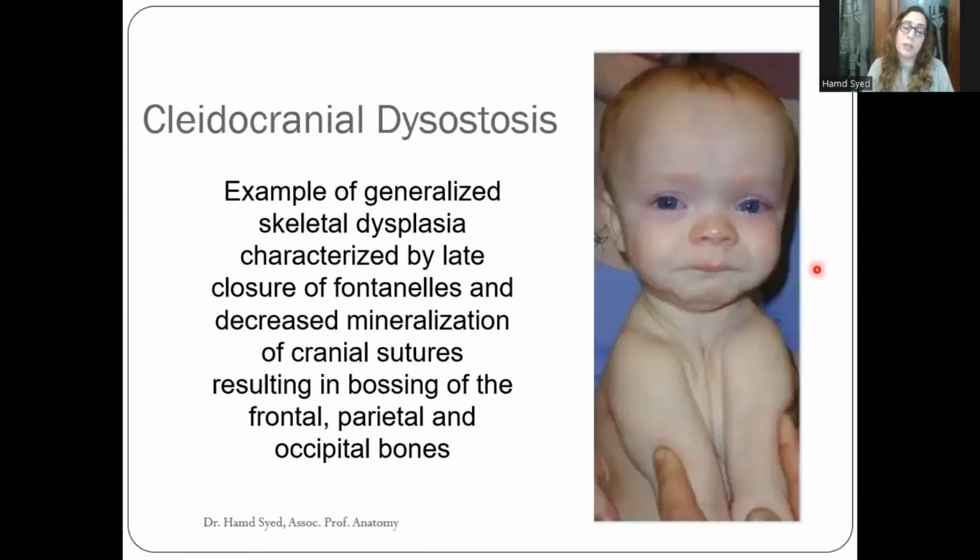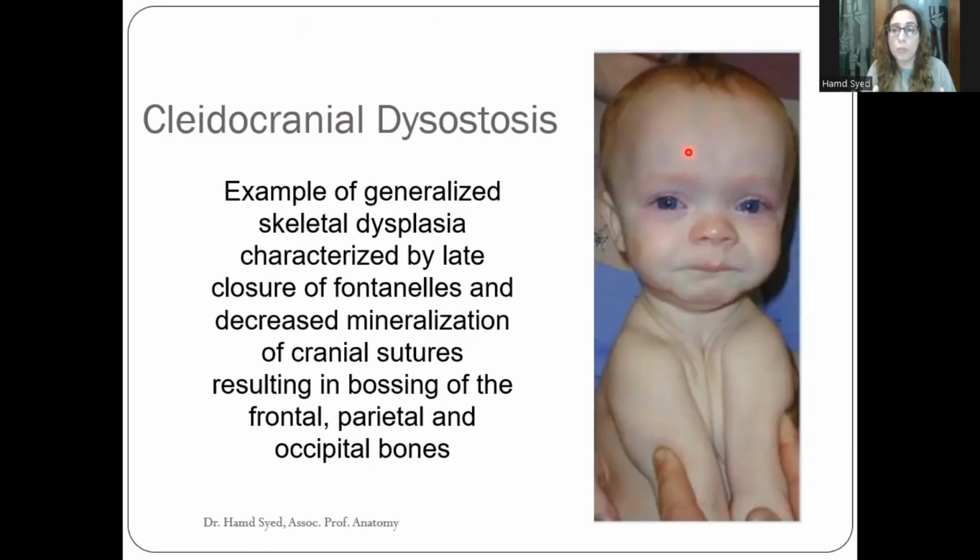Another clinical condition is cleidocranial dysostosis. This is an example of generalized skeletal dysplasia in which there is a late closure of the fontanelles and decreased mineralization, or you could say ossification, of cranial sutures. So this results also in an enlargement of the head, specifically bossing of the frontal, parietal, and occipital bones.